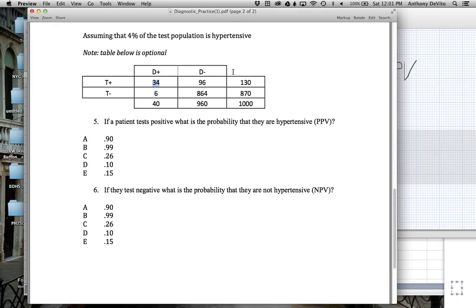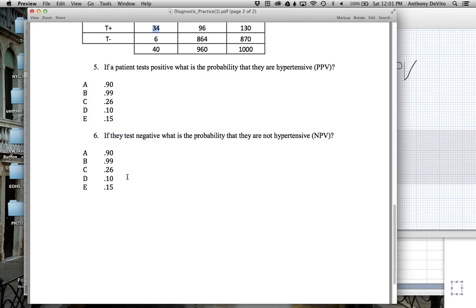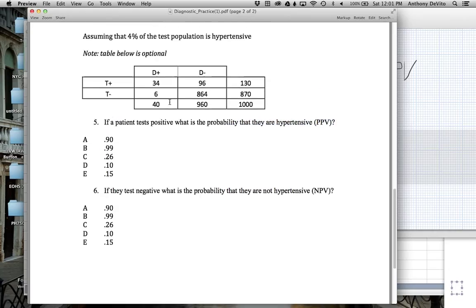So now when you add these two together, you get 130 people that tested positive. But now when you calculate the positive predictive value, instead of being whatever it was before, 80% or whatever, it's going to be 34 over 130, somewhere around 30%. I guess 26% is probably the right answer.